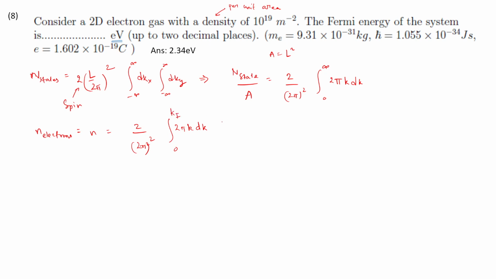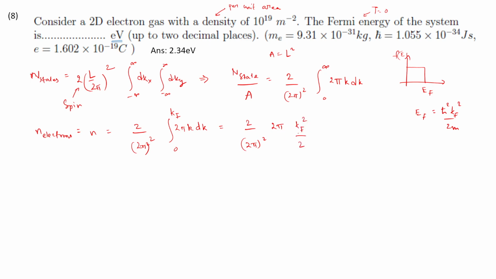Okay, if you want to find the Fermi energy, you have to find it at T equal to 0. At T equal to 0, you remember that the occupation probability is just a step function up to EF, and EF is nothing but h bar square kf square by 2m. So if we just do this, what we get is 2 over (2 pi) whole square, again 2 pi, and it is kf square by 2.